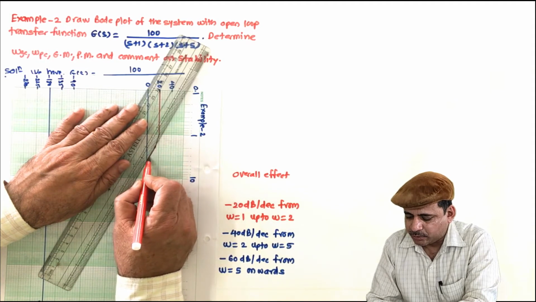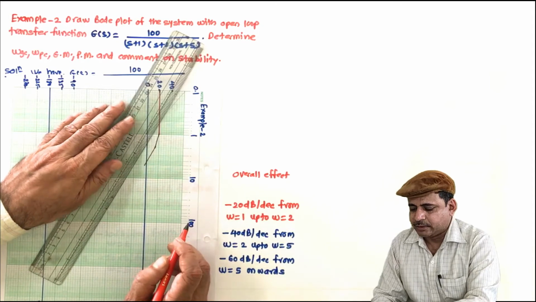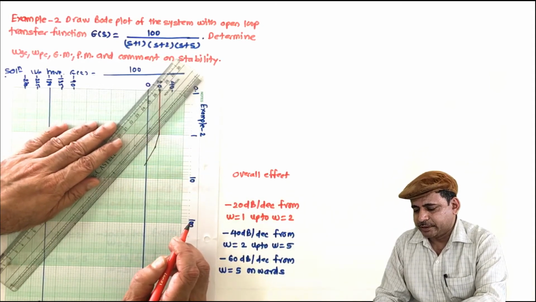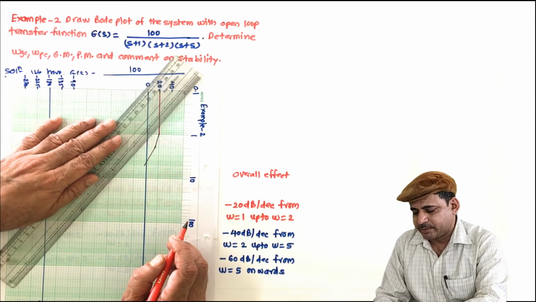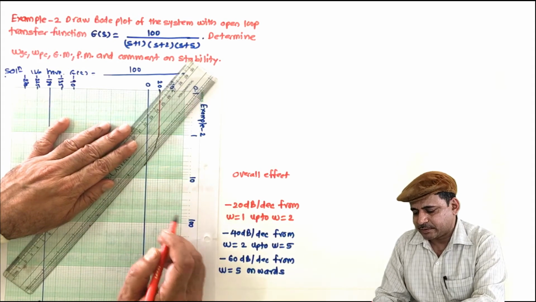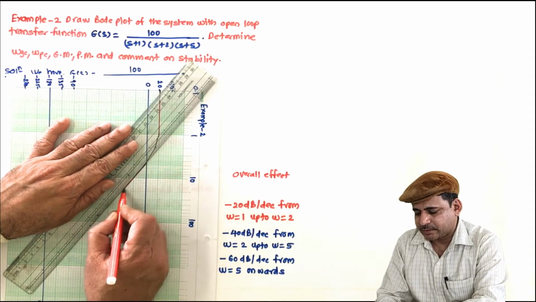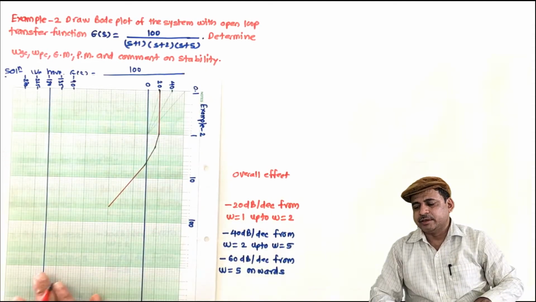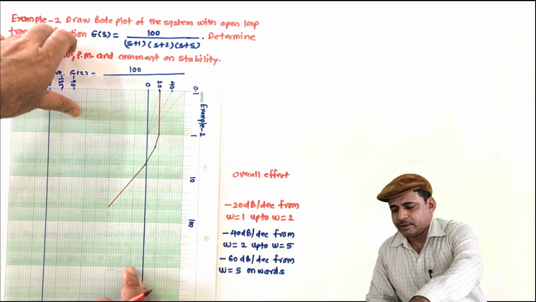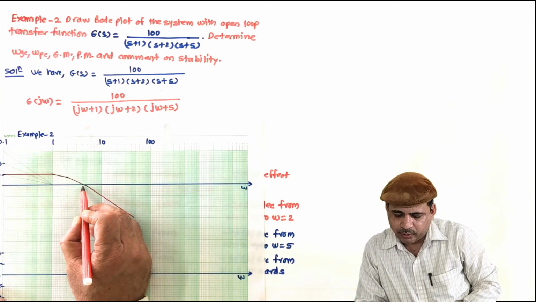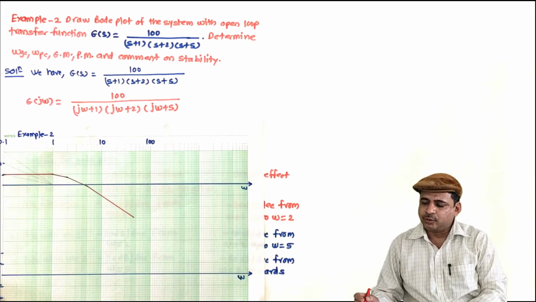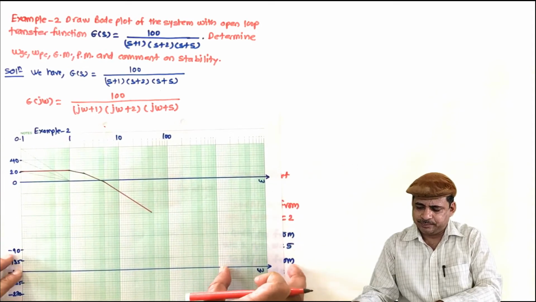Up to 5 it is the minus 40 dB per decade line, and from 5 onwards it is the minus 60 dB per decade line. So the gain plot is complete, and omega GC is coming around 4.2. We will mark it later on.